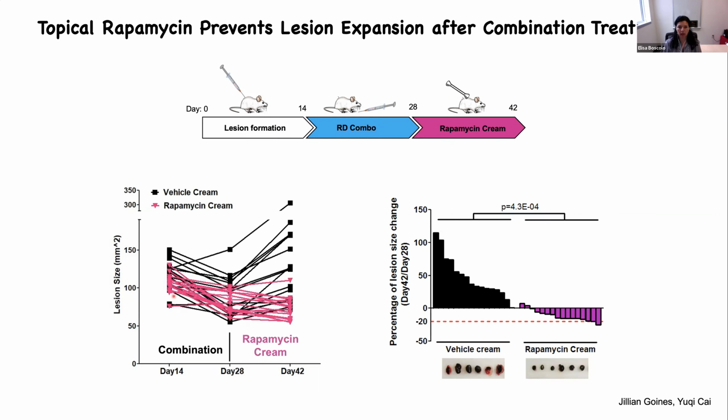And this is in fact what happened. You can see that the lesions stayed small compared to the vehicle cream. And here you can see the difference in size. With the vehicle, they kept growing from day 28 on when we stopped the drug, and with the rapamycin cream they stayed stable, if not, they kept actually shrinking.